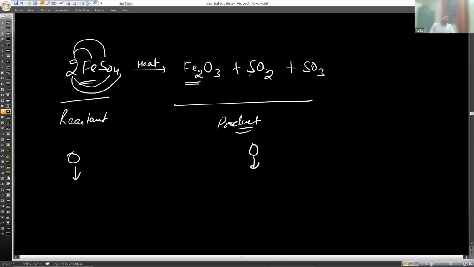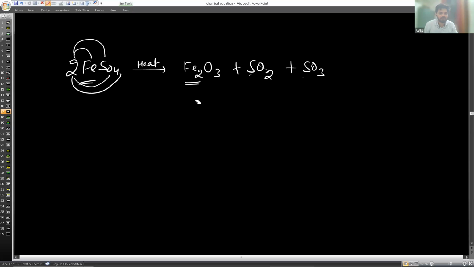So here in this reaction, you see that the sulfate ion is disintegrating.